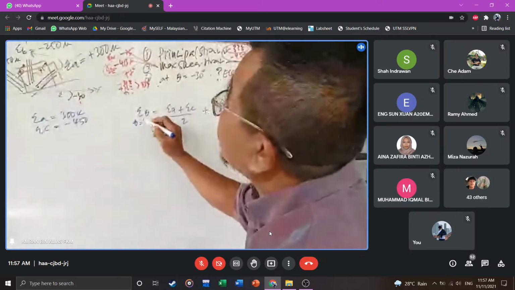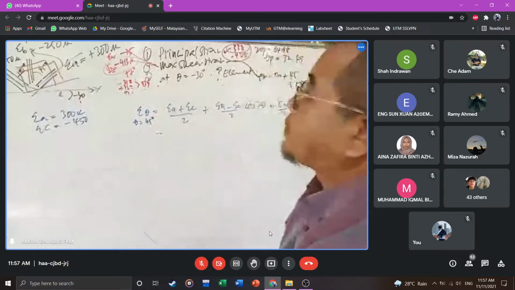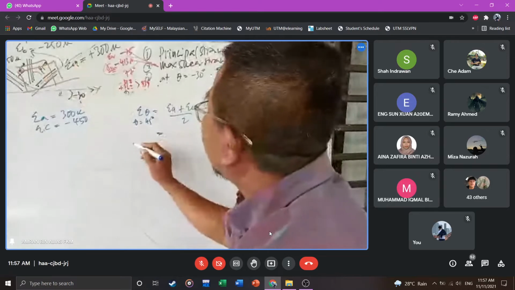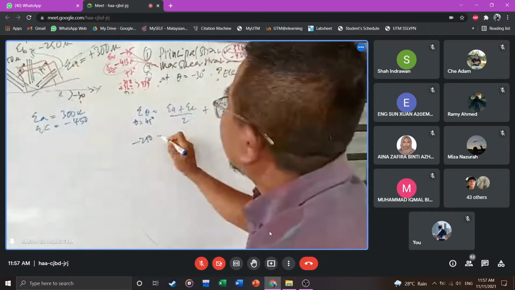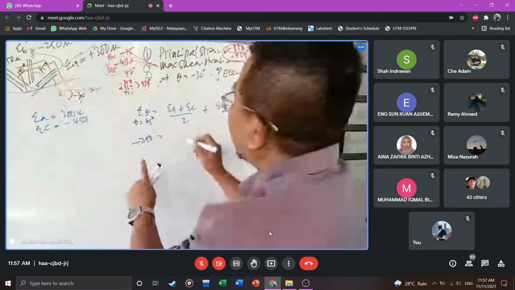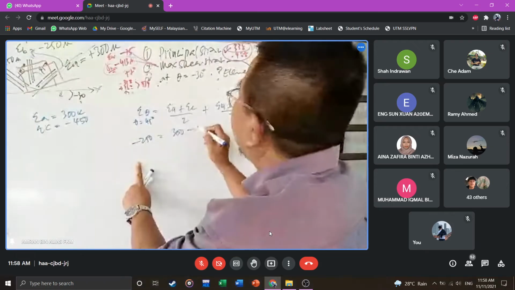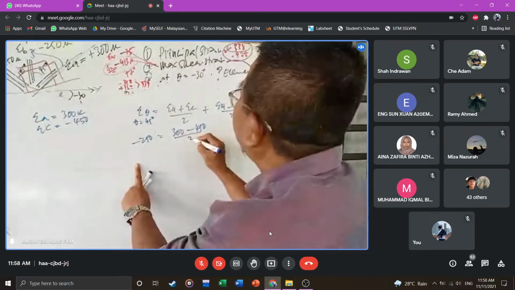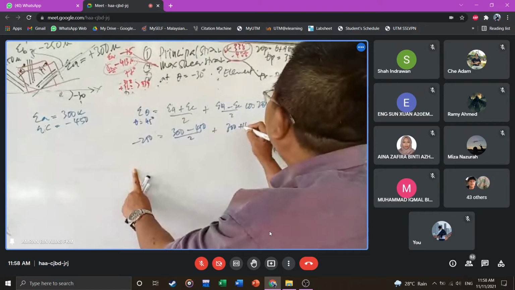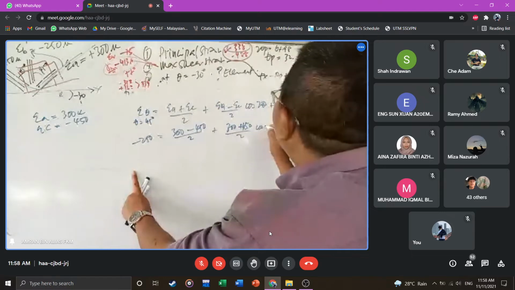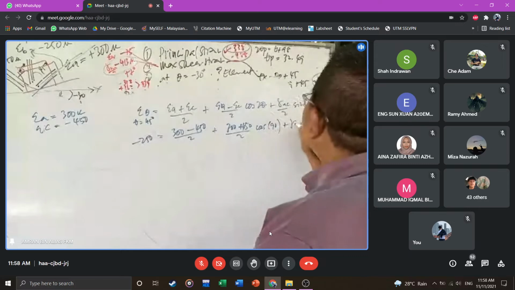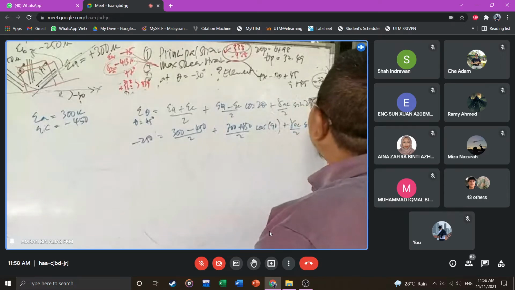That is theta equal to 45 degrees from A. Minus 250 is the value at that angle from A. So that is 300 plus negative 450 over 2 plus 300 minus negative 450 over 2 cos 2 theta. The angle is 45 degrees, cos 90 degrees, plus gamma AC over 2 sine 90 degrees.